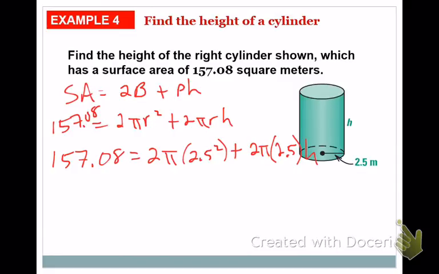And we got to go solve for the h. So we've got to multiply 2 times pi times 2.5 squared, and I'll do this for you real quick.